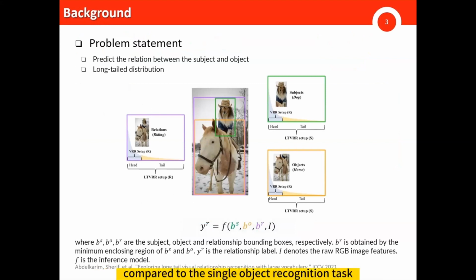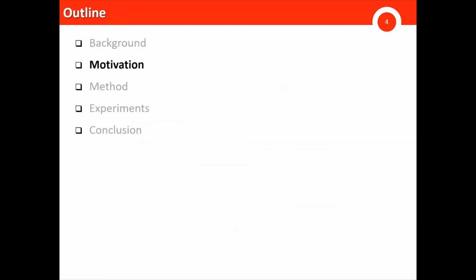Compared to the single object recognition task, this task is different due to its relational nature, especially when dealing with rare categories. Furthermore, the dataset may cause misrecognition, as illustrated in the image: the dog is riding on a horse.